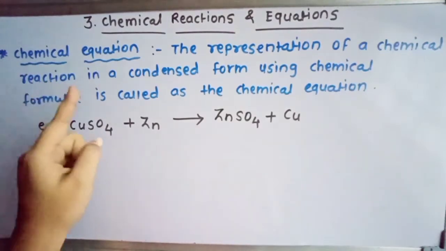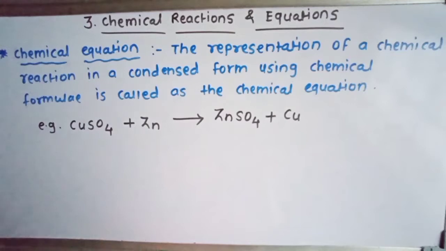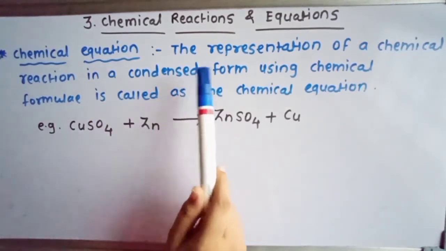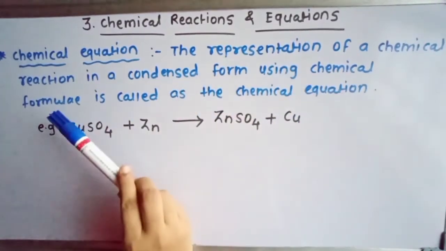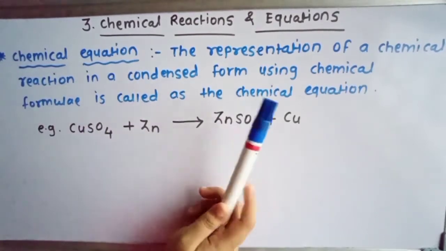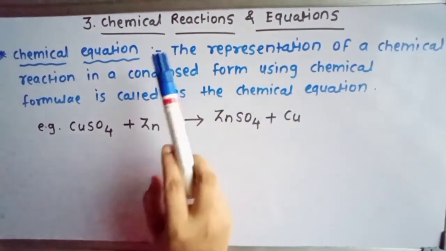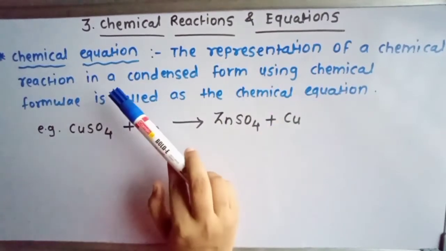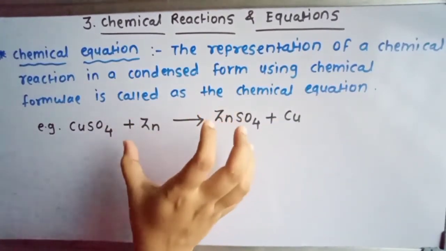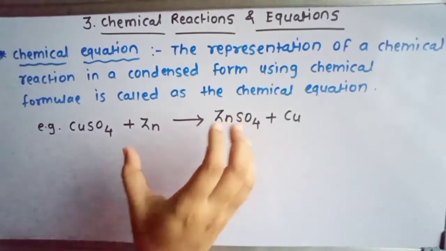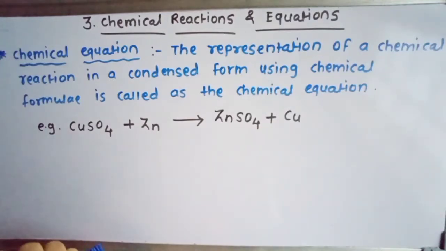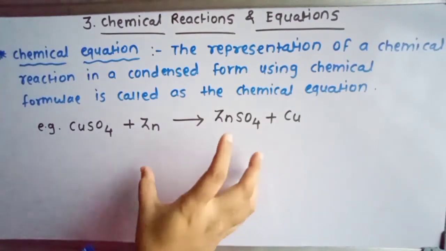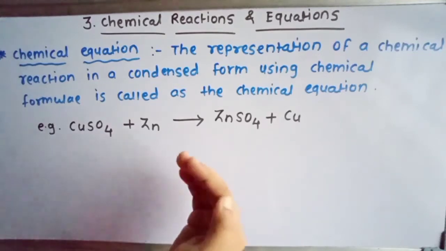So see students, what does chemical equation mean? The representation of a chemical reaction in a condensed form, condensed means short, using chemical formulae is called a chemical equation. Listen again. The representation of a chemical reaction means that by seeing that representation you will understand what the reactants and products are, what is happening in that process, that idea you will get.